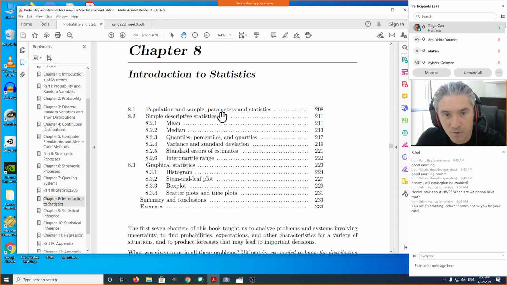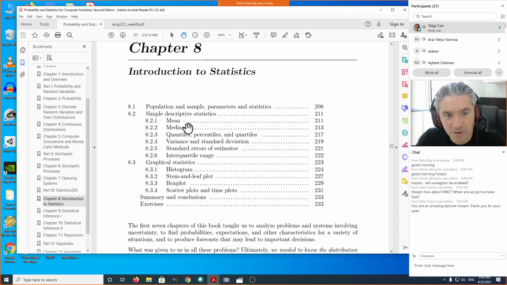We are going to talk about terms like parameter. What's a parameter of a population? And statistics about samples. We already know what the mean is, the average or expected value in probability. We are also going to learn new things like median, quantiles, percentiles, and quartiles.